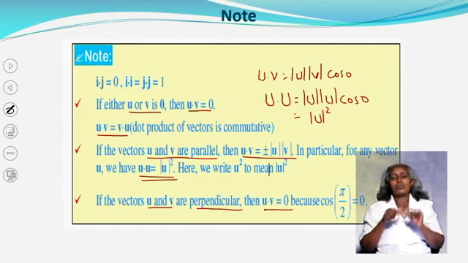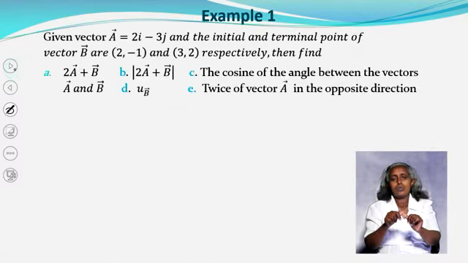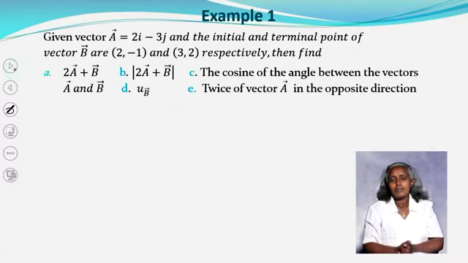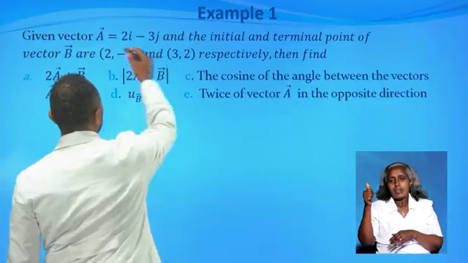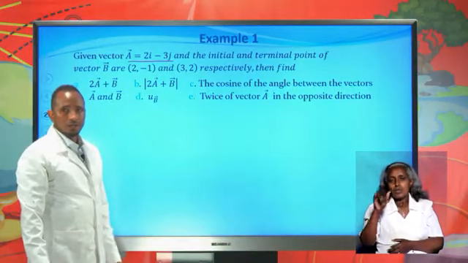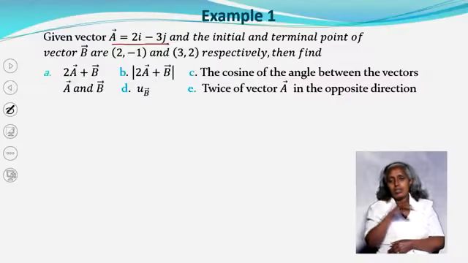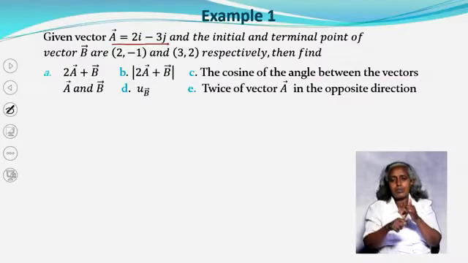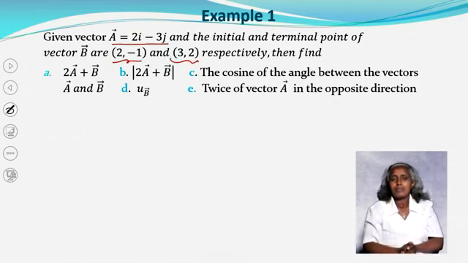Now, let's continue. Example. Given vector A is 2i minus 3j, and for vector B, its initial point and terminal point are given.